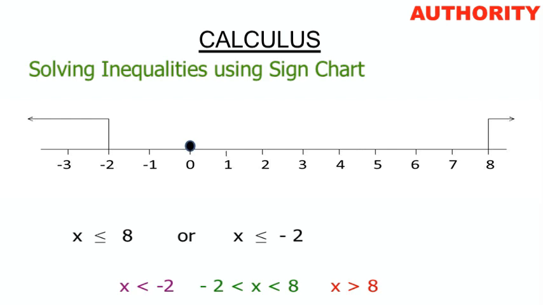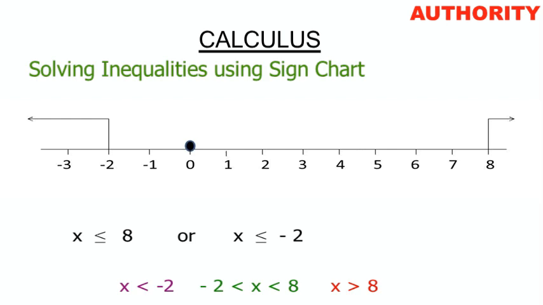Number 1 is from minus 2 downwards, number 2 is in between minus 2 and 8, and number 3 is from 8 upwards. Now if you want to represent them in writing, from minus 2 downwards, x is less than minus 2. That is all the numbers less than minus 2.